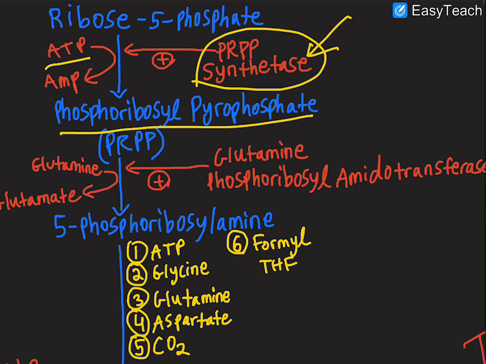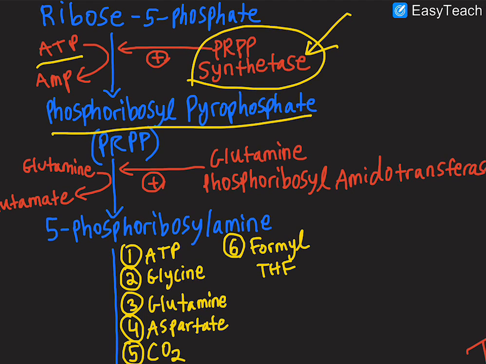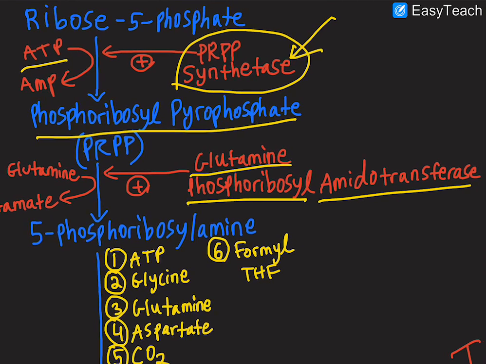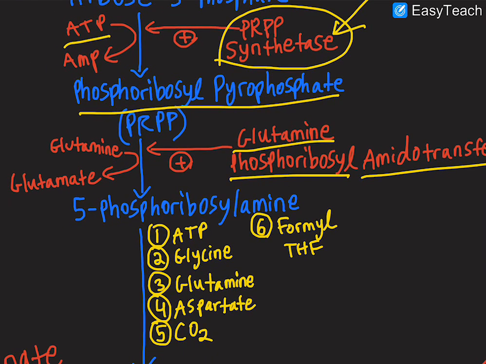Now we have PRPP. From here, we need to make 5-phosphoribosylamine, and we do that with the help of an enzyme called glutamine phosphoribosyl amidotransferase. In this reaction, when we convert PRPP to 5-phosphoribosylamine, we use a glutamine molecule.